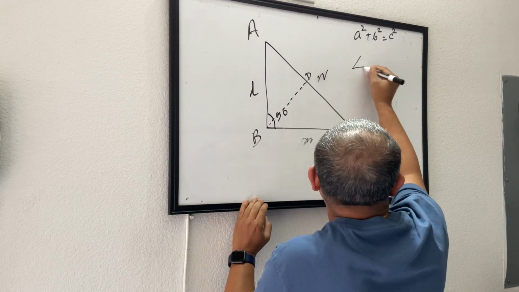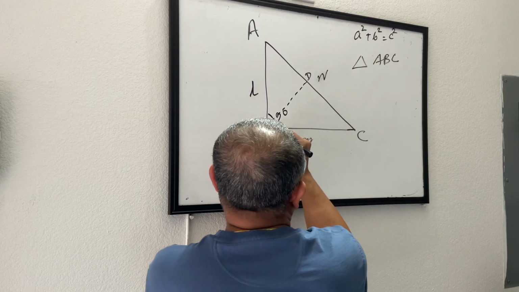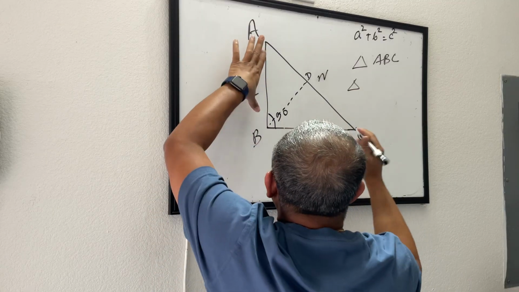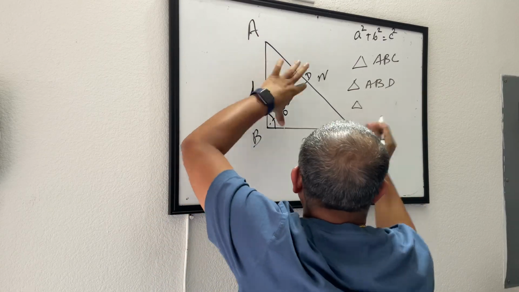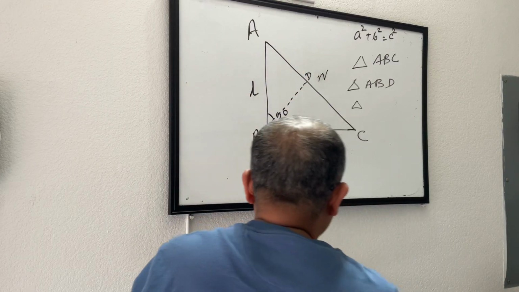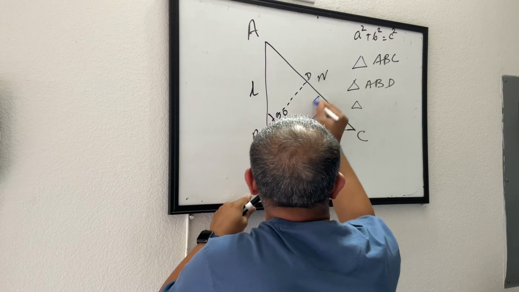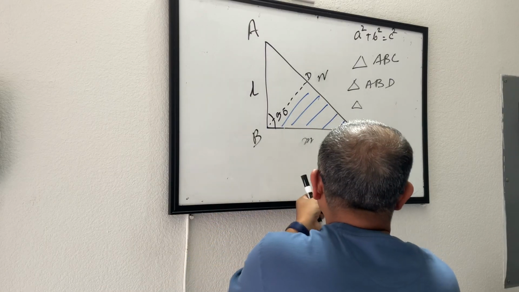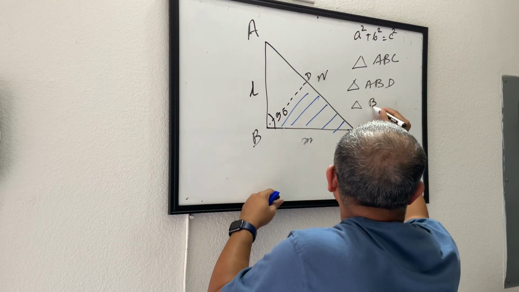Earlier we had a triangle ABC, a right angle triangle. Now by dropping a perpendicular from here to here, we have got two baby triangles. Let me color it for you. This blue triangle is BCD.